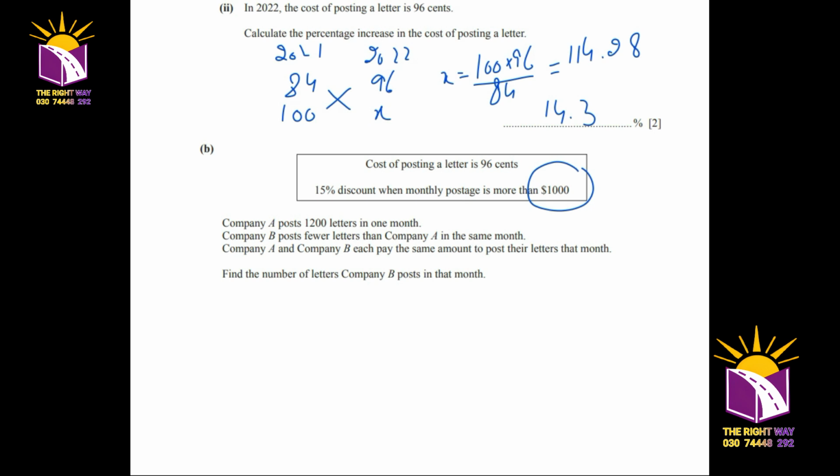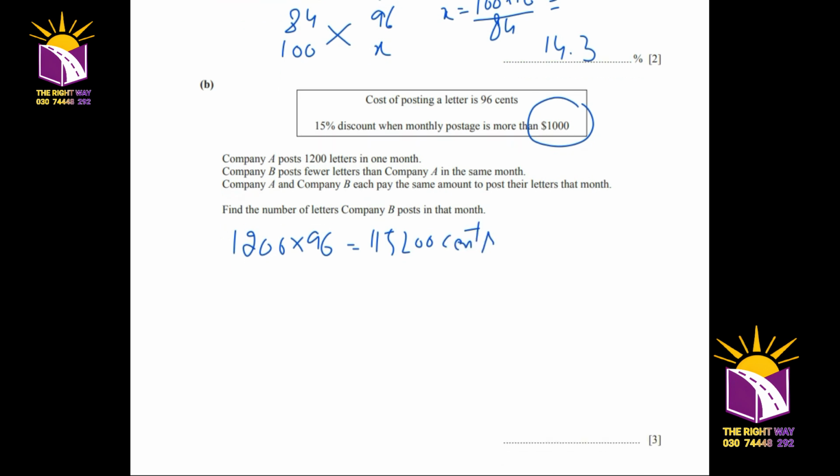Now first of all, we are going to find the cost of company A, which will be equal to 1200 letters multiplied by 96, which is 115200 cents. This amount is in cents.